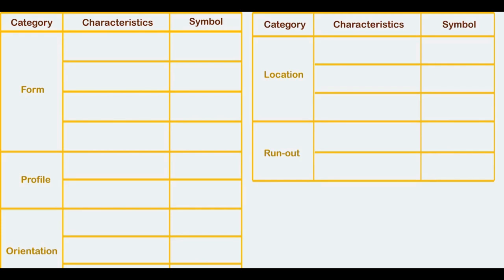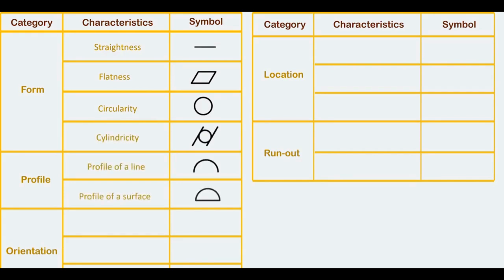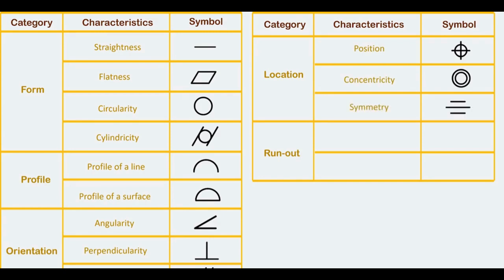The 4 forms are straightness, flatness, circularity, and cylindricity. In profile, there are 2 symbols, profile of a line and profile of a surface. Orientation has 3 symbols, angularity, perpendicularity, and parallelism. In location, there is position, concentricity, and symmetry. And in runout, there is circular runout and total runout.